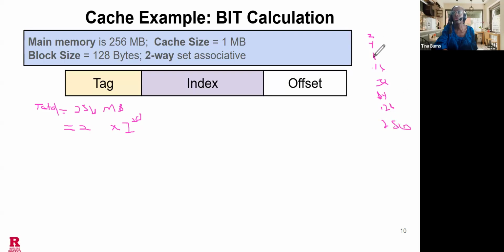All right, 1, 2, 3, 4, 5, 6, 7, 8. So I'm getting 2 to the 8 here for my calculation, which means the total number of bits I need for my total memory is going to be 28. All right, let me just check this with my solution set.